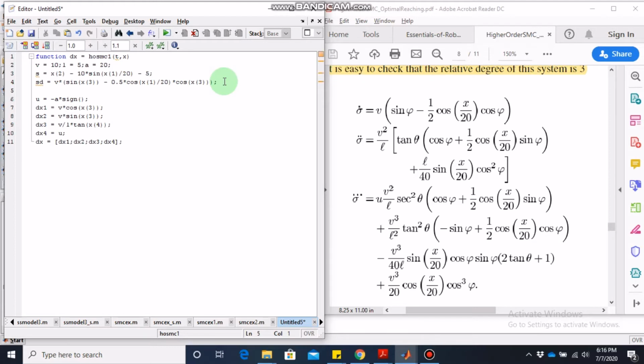Similarly, we can write down the second derivative of the sliding surface.